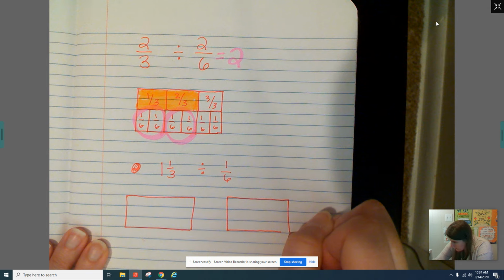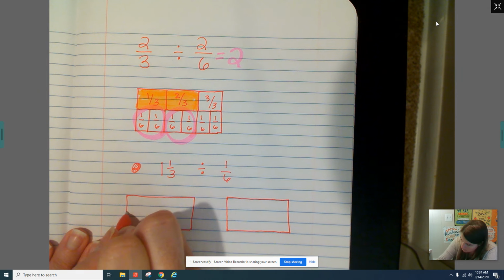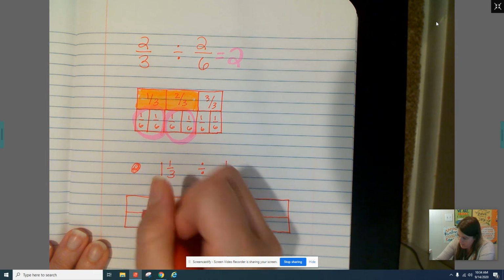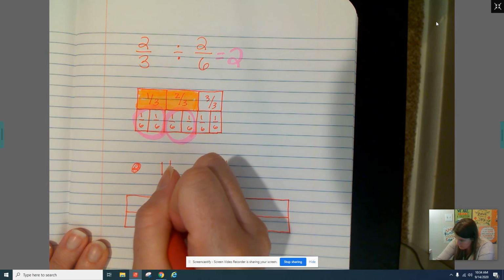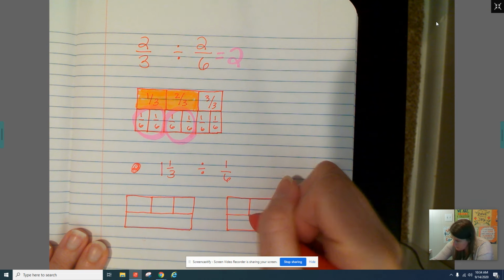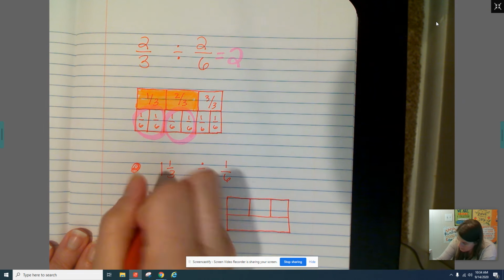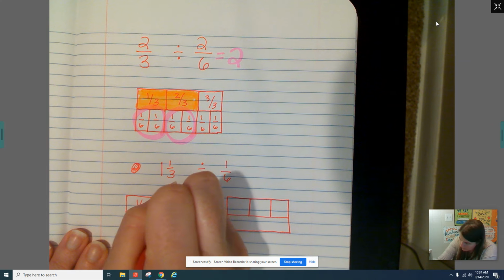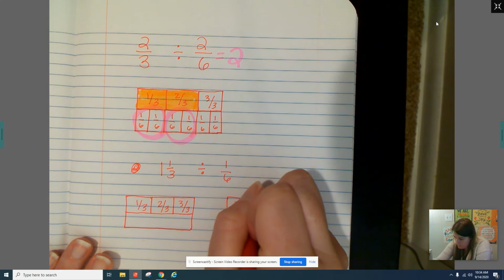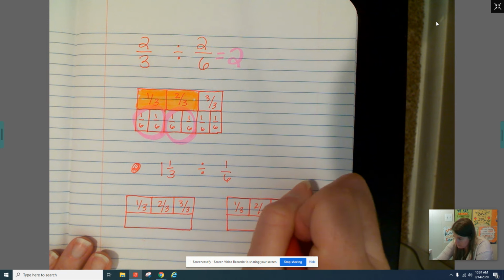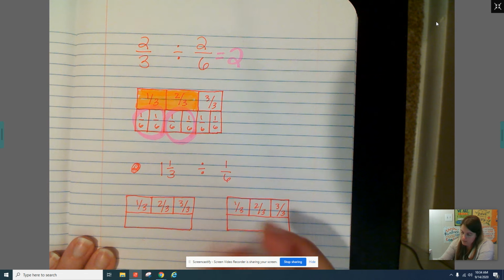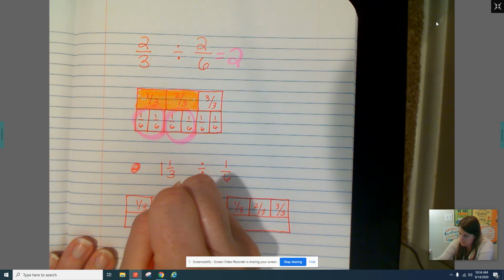Now, because the divisor has 1/3, I'm going to divide my top boxes into thirds. So 1/3, 2/3, 3/3, and then this would be another 1/3, 2/3, 3/3. All right. The divisor has a denominator of 6, so I'll divide my bottom boxes into 6.